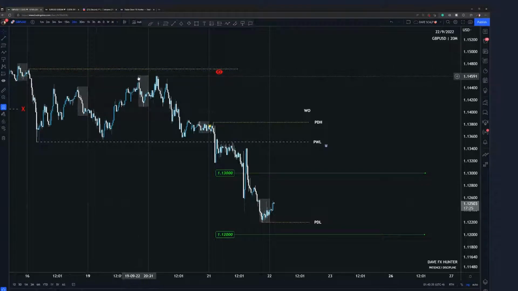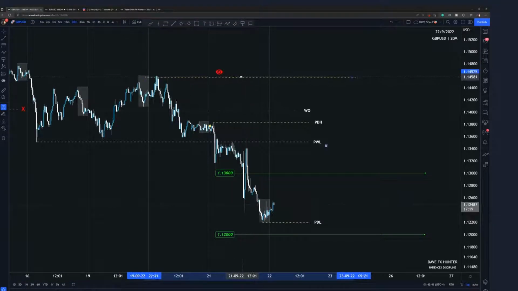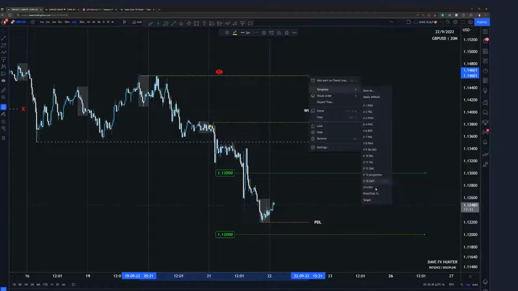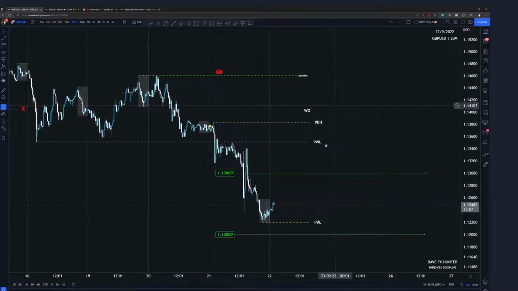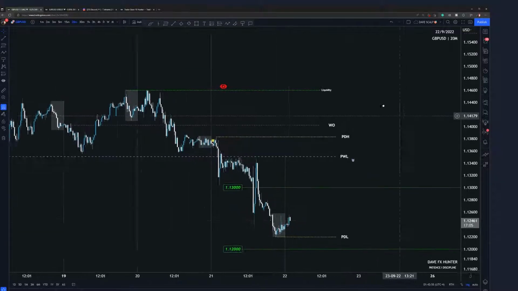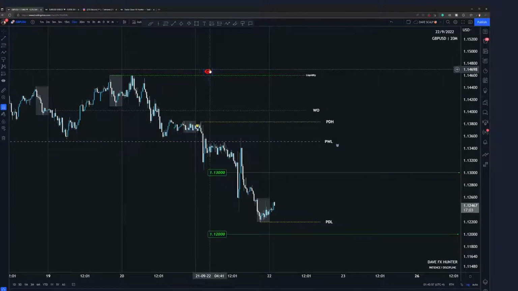But what I like to see here is, as we have these two relative equal highs, I like to highlight this as liquidity here. So in my opinion, here will be a nice target for the potential longs. So this is what I like to have on my chart.